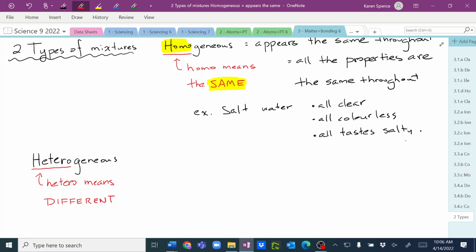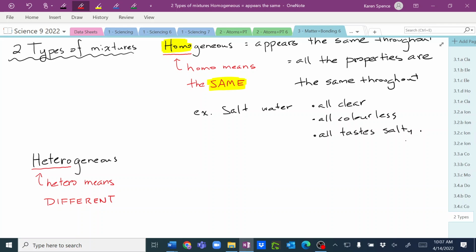Now, if you have the gene for brown eyes from both parents, we say that that is homozygous. Remember, homo means the same. So it means you got the same color gene for eye color from both mom and dad. But if you got a brown color gene from dad and a blue color gene from mom, then you would be heterozygous because you would have a different color gene from each parent.